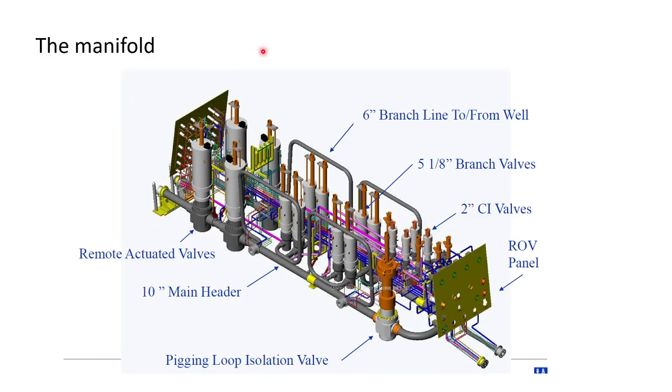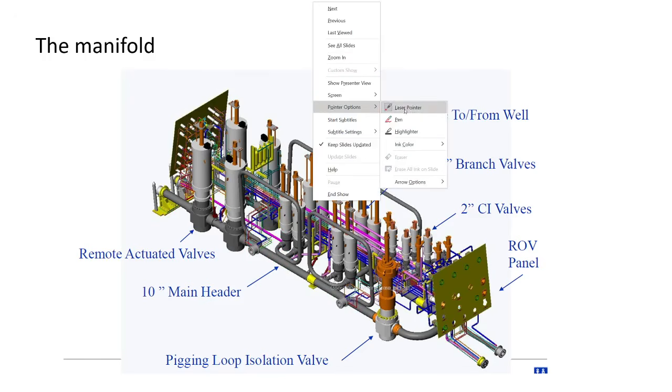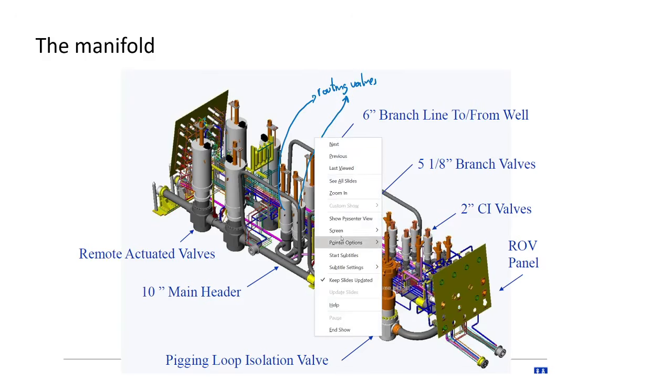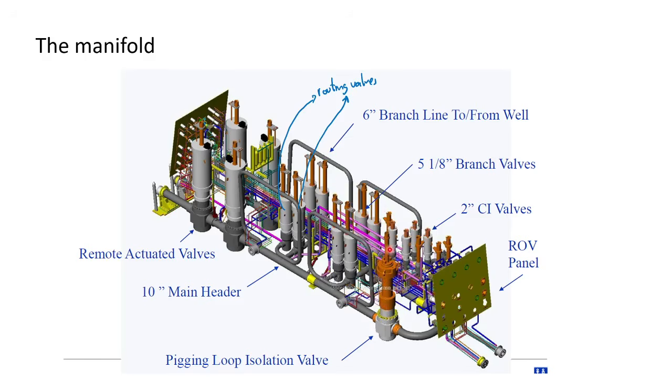So these are, let's make some comment here, these are routing valves. Okay, we are going to see a bit later what this thing here is. This is the crossover valve for pigging. We are going to see later what it is.